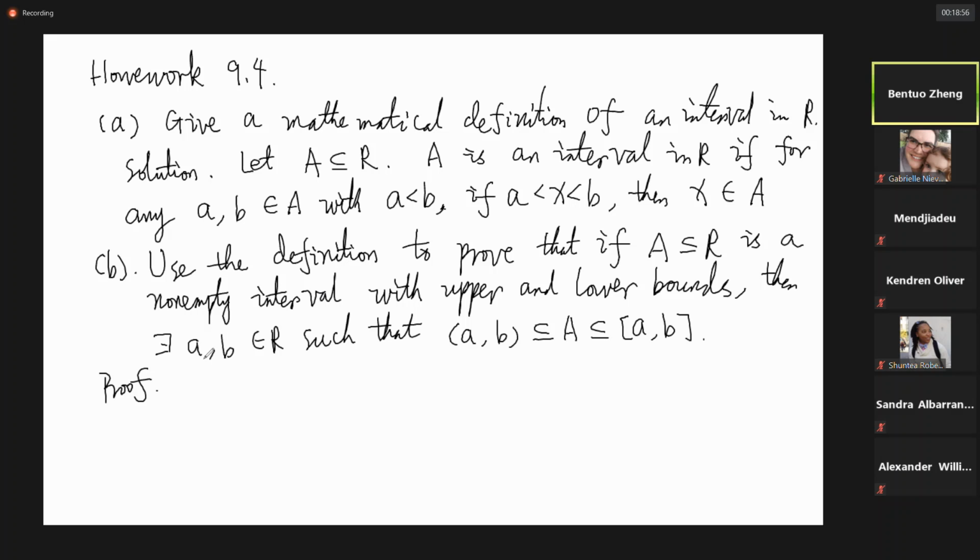How to define a and b? I think this is already clear from the hypothesis. The interval is bounded with upper and lower bounds. So by the completeness of the real numbers, we know that there exists a least upper bound and a greatest lower bound for A.